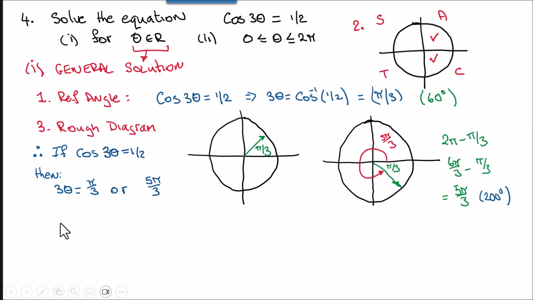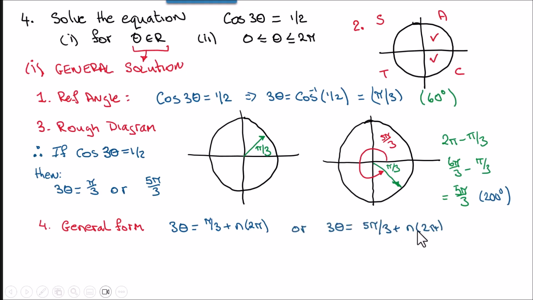The general solution for pi over 3 will be when 3 theta is equal to pi over 3 plus multiples of 360, n times 2 pi. And we can also say when 3 theta is equal to 5 pi over 3 plus n times 2 pi, where n is an integer, that will give us cos 3 theta equal to a half.